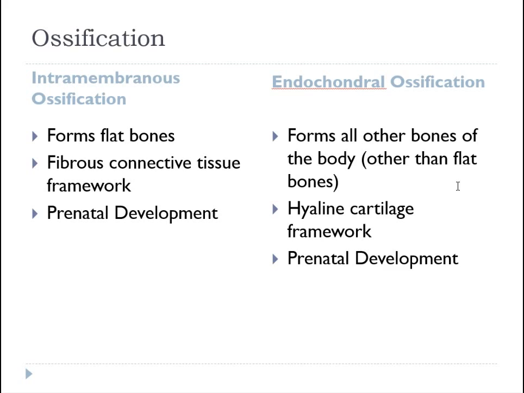So anything other than flat: femur, tibia, phalanges. Hyaline cartilage is going to be the framework for these. Where the flat bones had fibrous connective tissue as their framework, these are going to have hyaline cartilage as their framework. And they both happen in prenatal development.